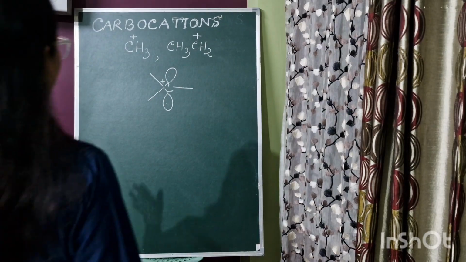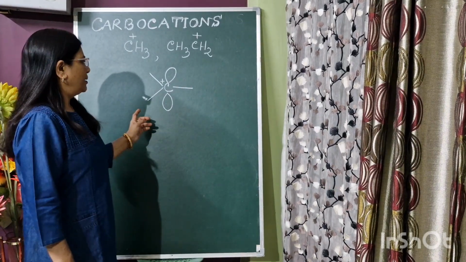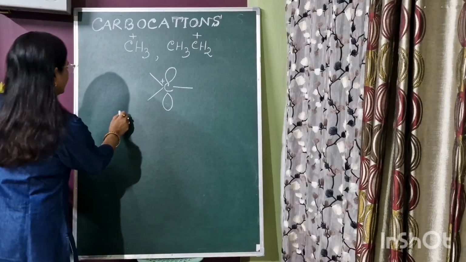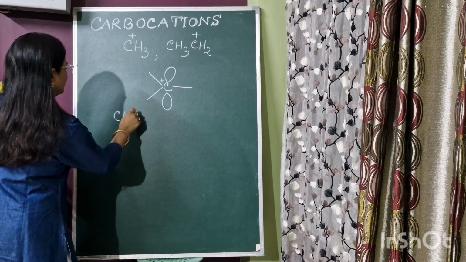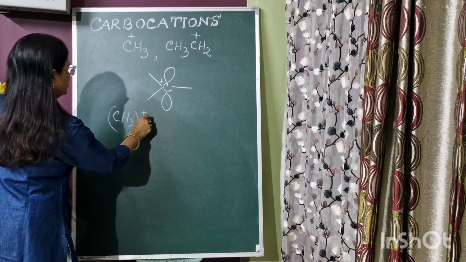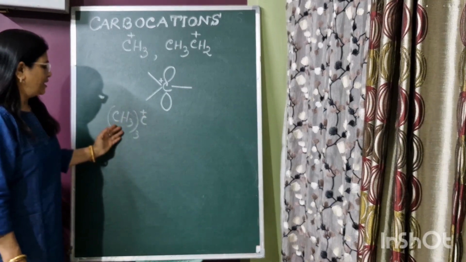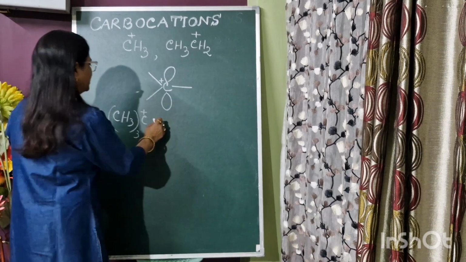If you compare the stabilities of different carbocations, then we can write, suppose this is tertiary carbocation where the carbon atom bearing the positive charge has 3 methyl groups around it.